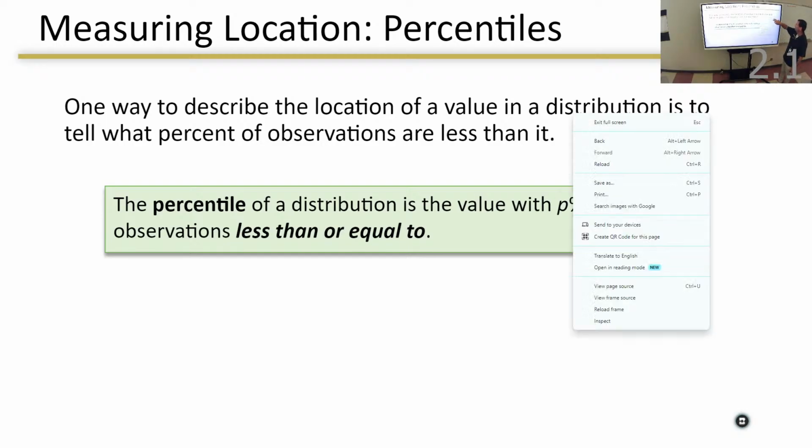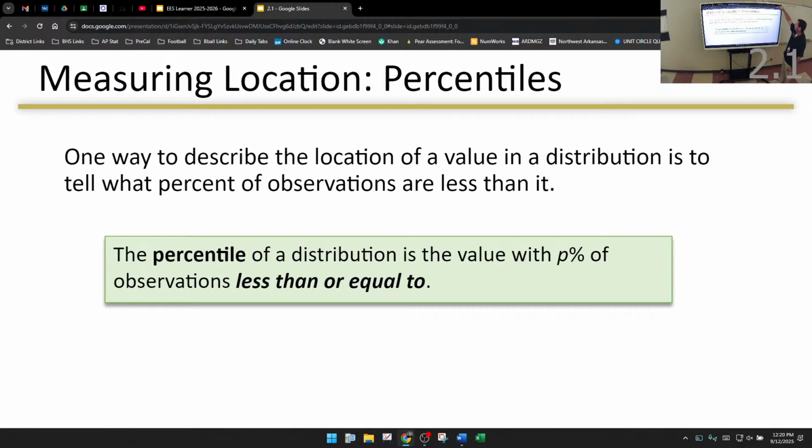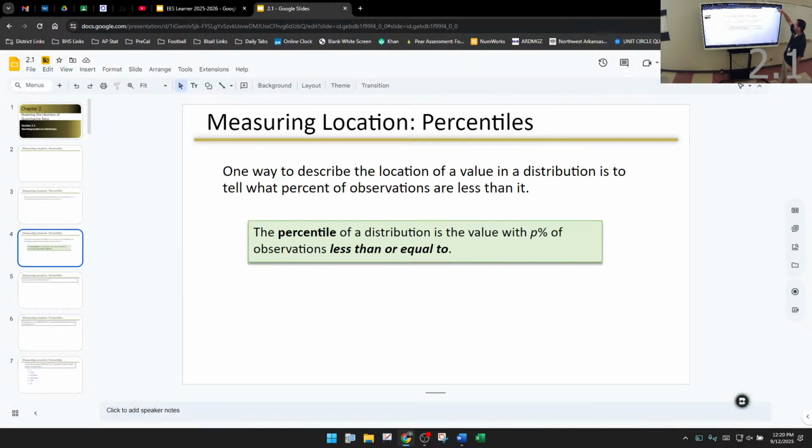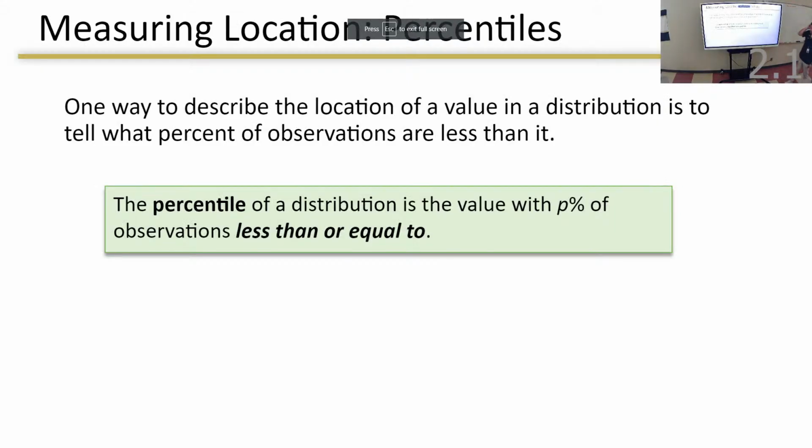Whoops, forgot to turn on my little marker right here, and then let's go back. That percent of observations less than or equal, and so that's going to be a big deal. Notice it's bolded, less than or equal to.